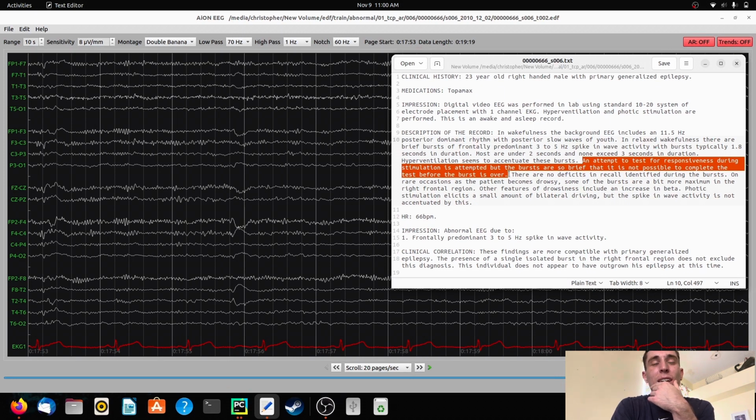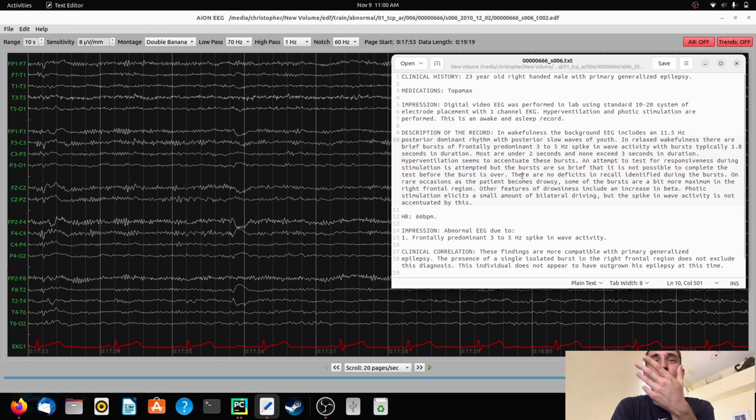So they at least tried to test responsiveness, but if there's longer bursts of activity, it'll be a little bit easier to test responsiveness. And they said there's no deficits in recall identified during the burst, so the person's aware, they're with it during these spike and wave interictal bursts that happen between seizures.